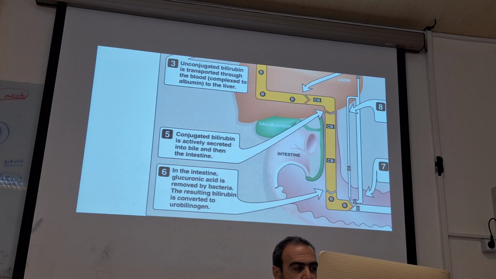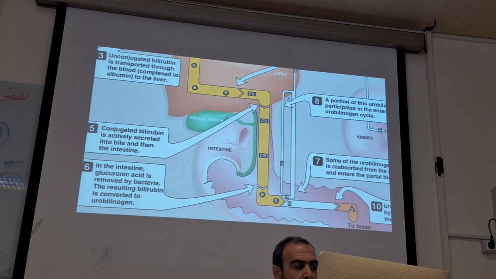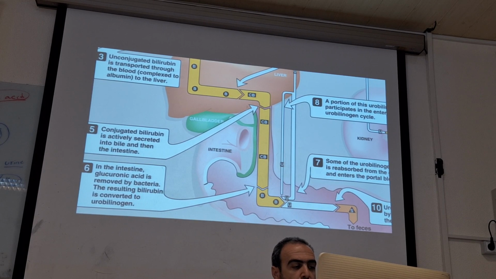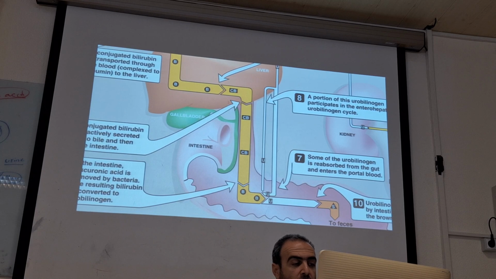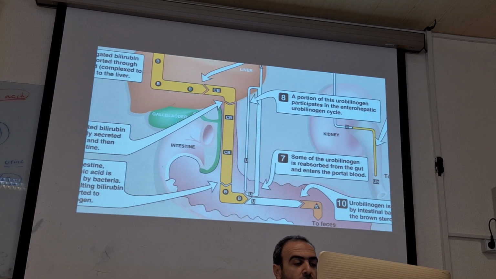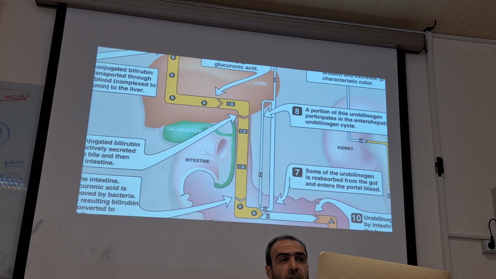In the intestine, bacteria remove glucuronic acid and convert it to urobilinogen, U. Of this urobilinogen, most of it, near 70%, is converted to stercobilin and excreted in the feces. Near 30% is reabsorbed to the liver.